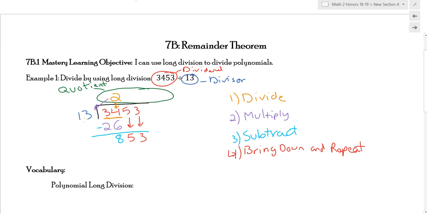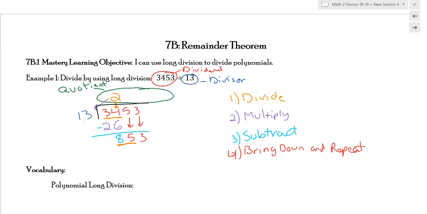So can 13 go into 8? No. Can it go into 85? Yes. We just have to figure out how many times. And this is kind of just a guess and check thing. How many times does 13 go into 85? Well, again, I'm going to count by 13. So 26. If I add 13 to that, then we have 39. Then we have 52. 39 plus 13 is 52.